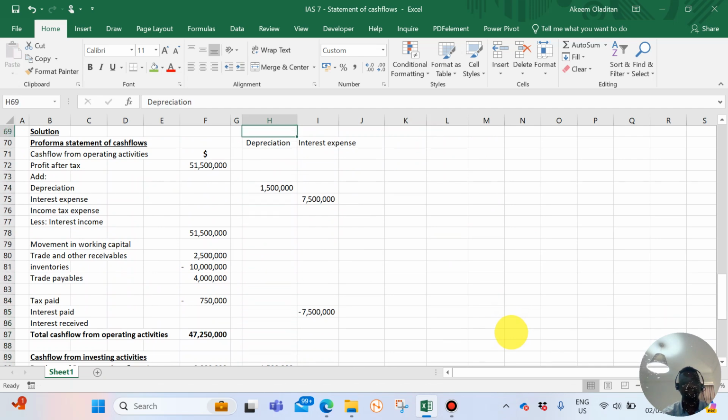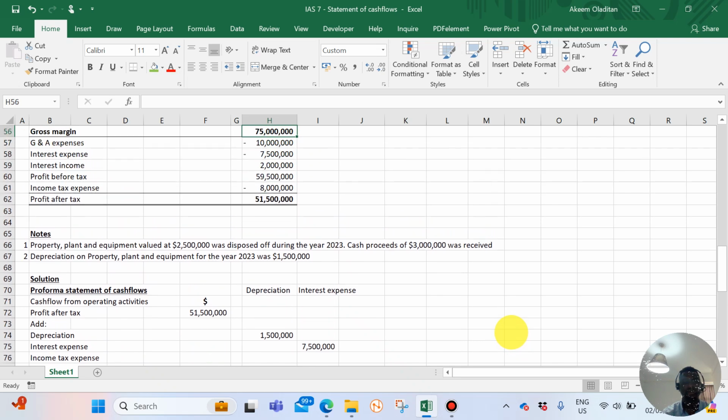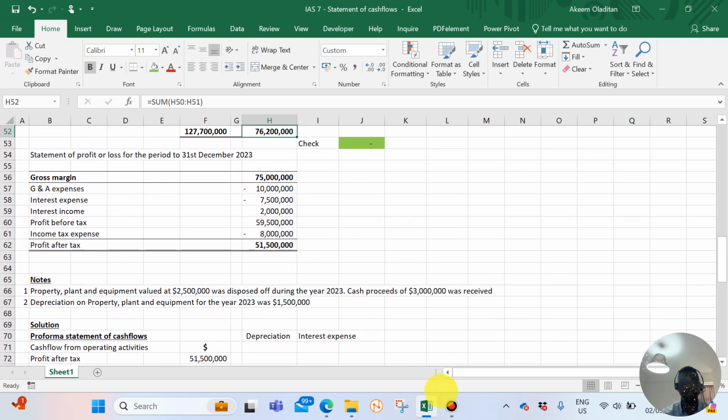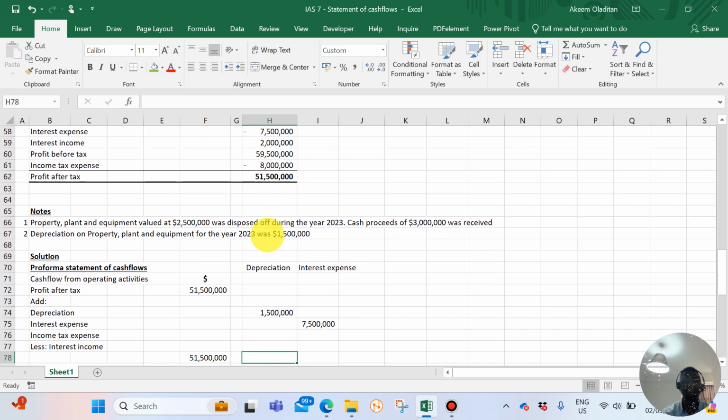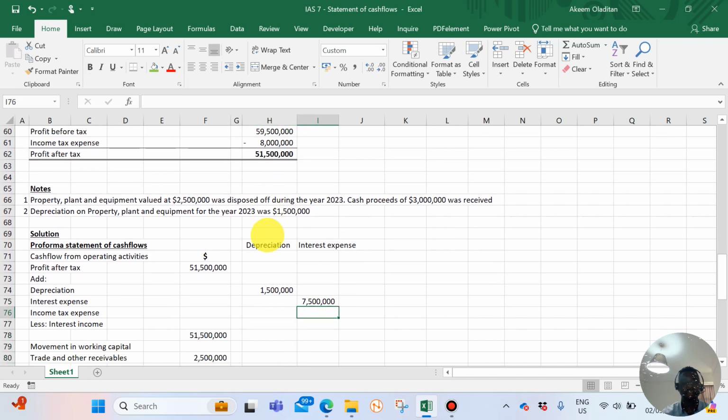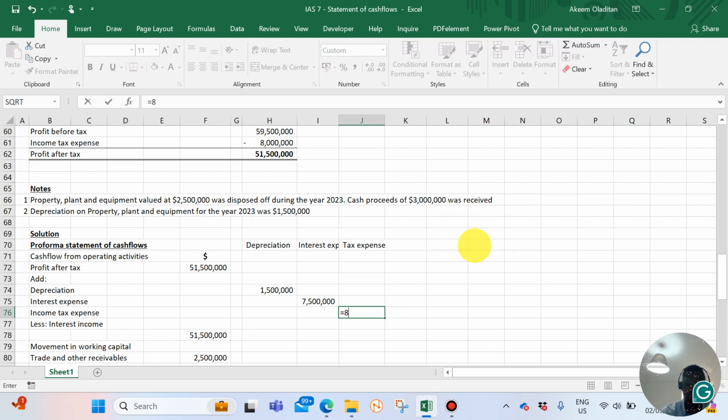So the next one is to look at income tax expense. So if you look at it, tax expense, we're also adding back. How much is it? $8 million.